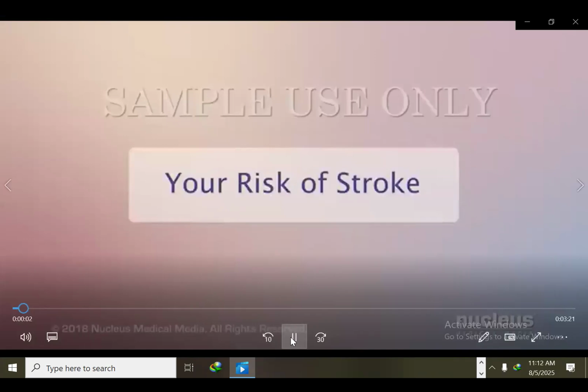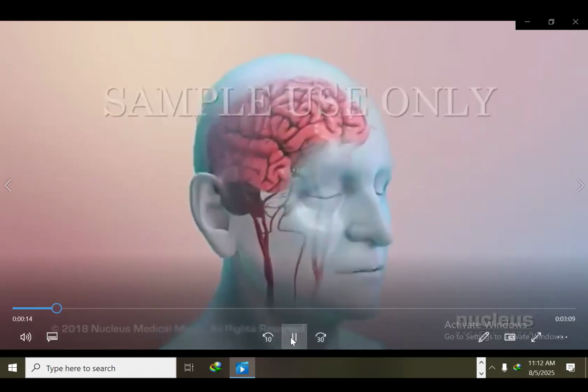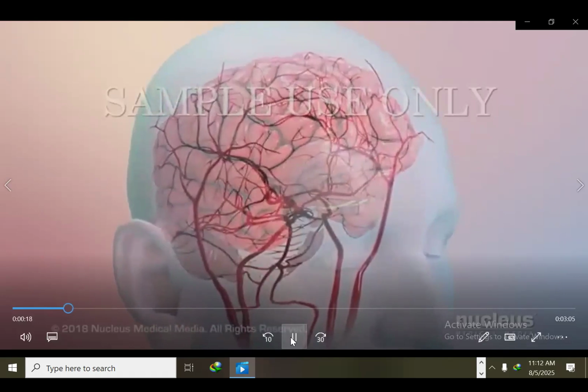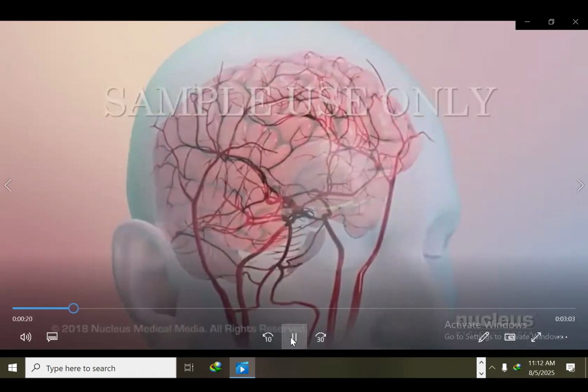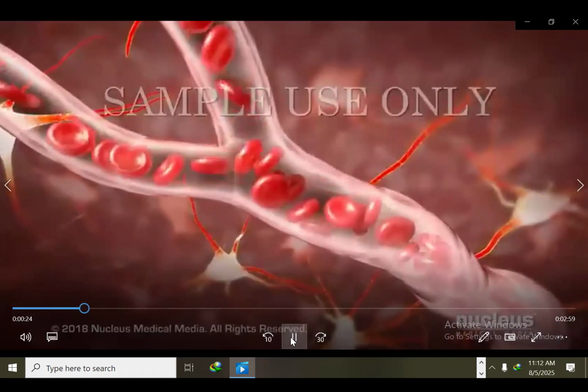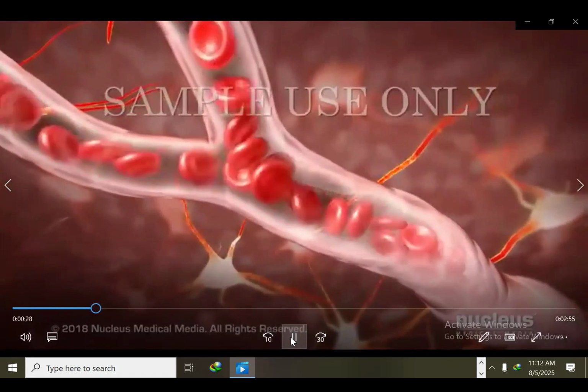This video will help you understand what a stroke is and the risk for having one. Normally, blood vessels called arteries carry blood to the brain. The brain needs a constant flow of blood to get the oxygen and nutrients it needs to work properly. During a stroke, also known as a brain attack, blood flow to part of the brain has stopped.